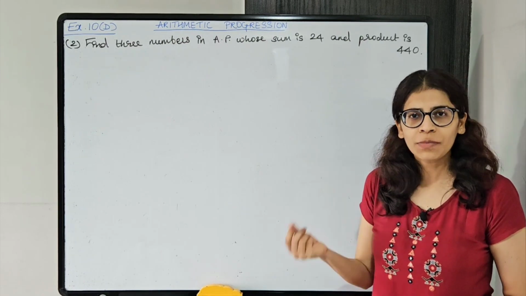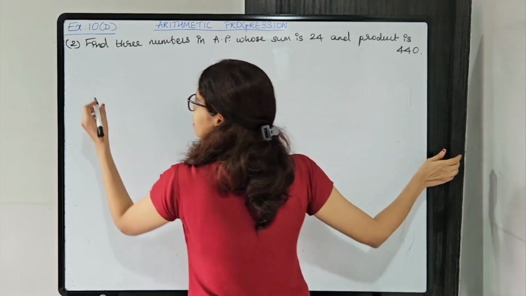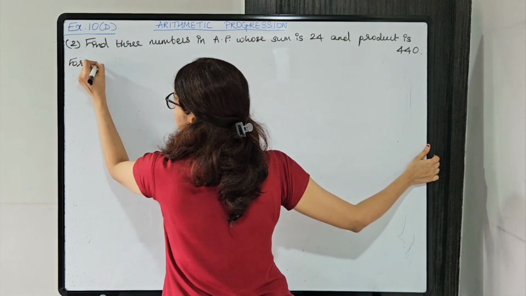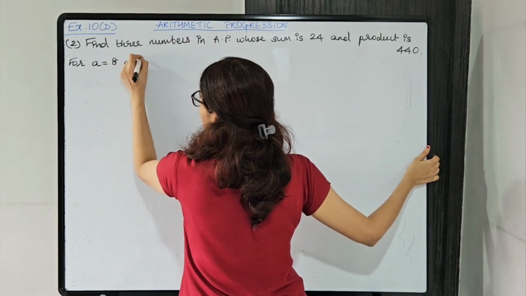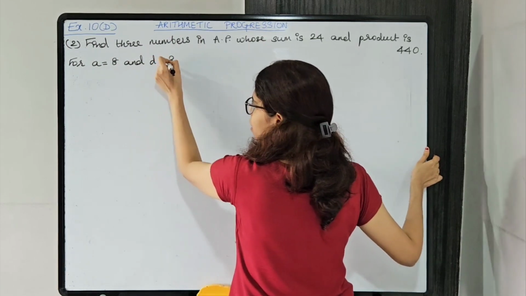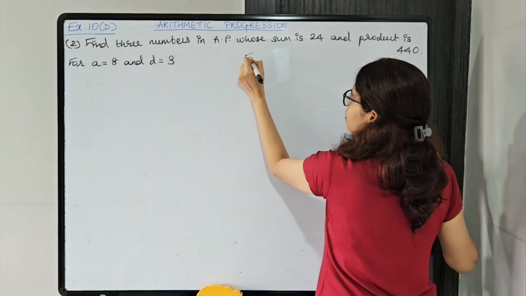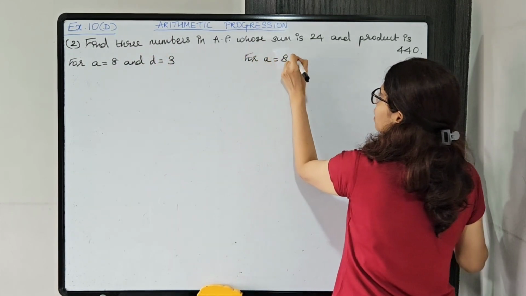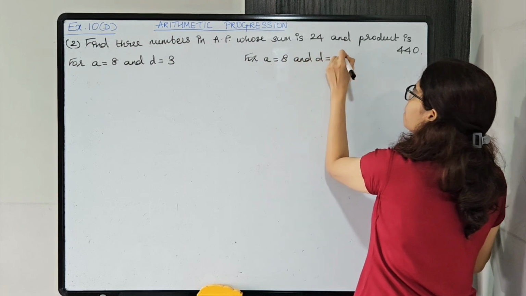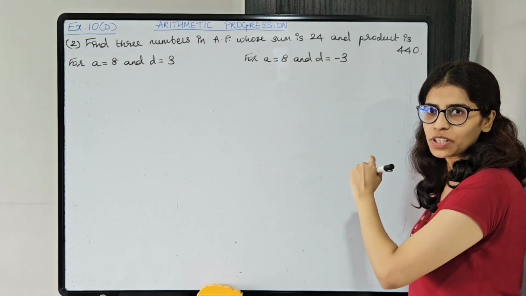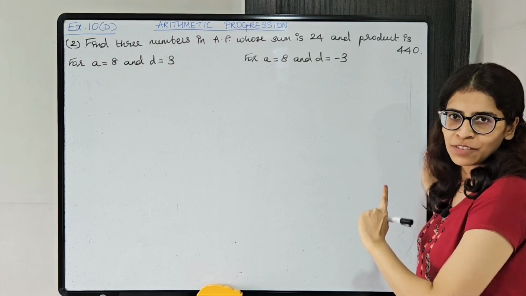So there are two possible cases over here. One is when A is 8 and D is 3, and the other is A is 8 and D is minus 3. Okay, so let's see what AP we are getting.